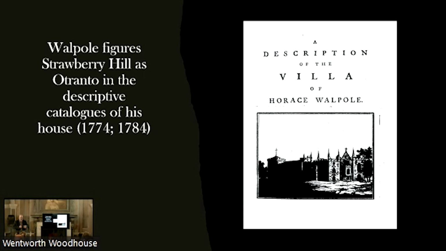What I want to do in the second half of this lecture, having spoken a little bit about this Gothic architecture, Gothic fiction connection, I'm not convinced that Otranto is Strawberry Hill, but that's another matter entirely. I'm going to shift the argument a little bit, and talk about this Gothic architecture, Gothic literature relationship in another context.